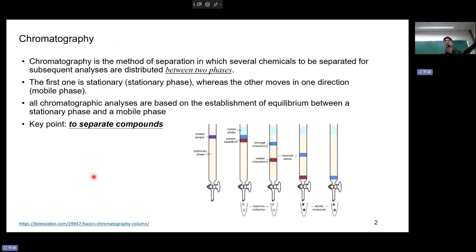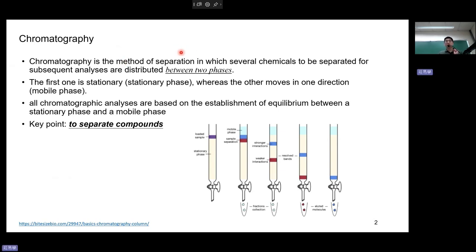I don't remember if I used IC as an example before, but GC, HPLC, IC, they are all machines based on chromatography. The C in HPLC, GC, IC represents chromatography.